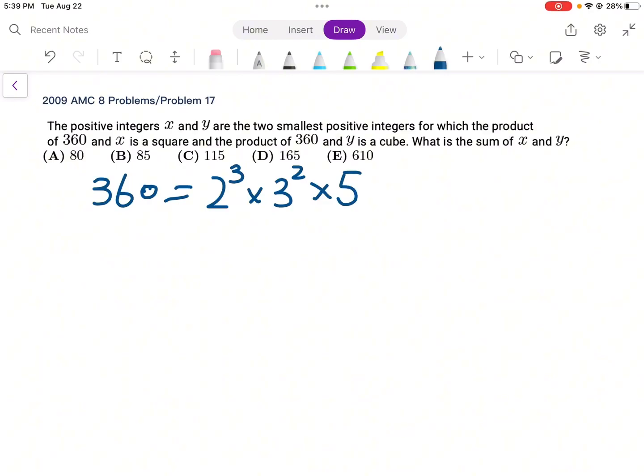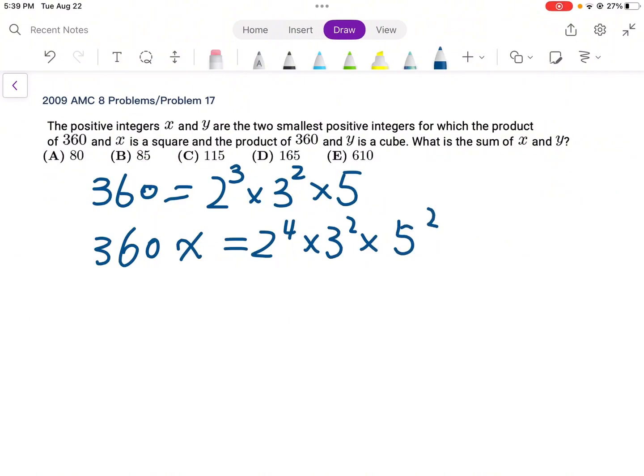Therefore, if 360 multiply x is a square, then it has to be 2 to the power of 4 multiply 3 square multiply 5 square. Therefore, we could get x equals 2 multiply 5 equals 10.